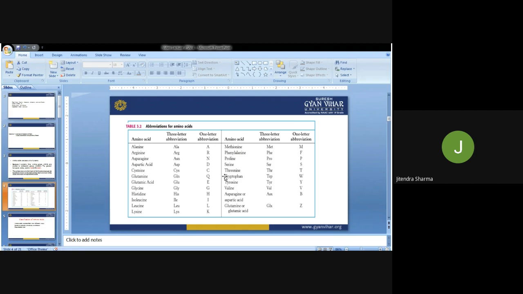Then we have glycine GLY, histidine HIS, H, and isoleucine ILE.